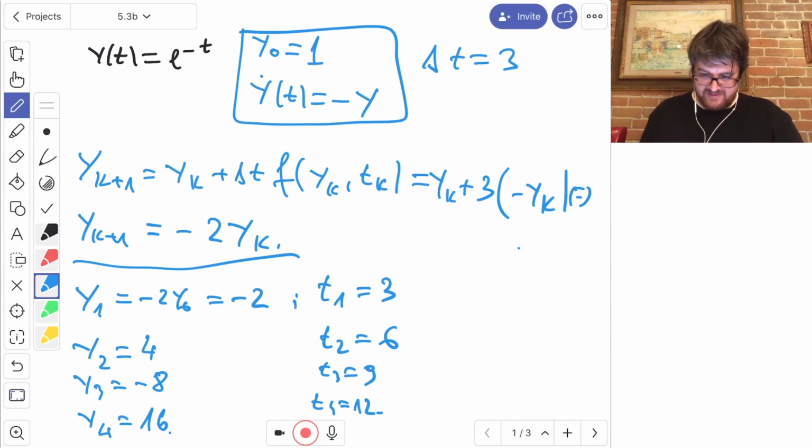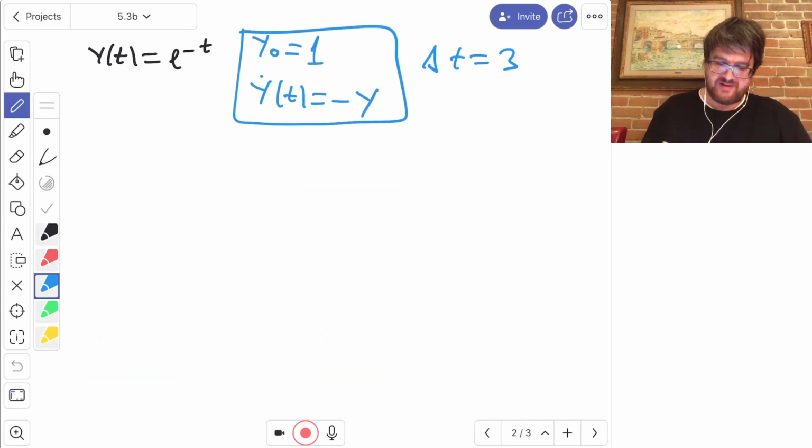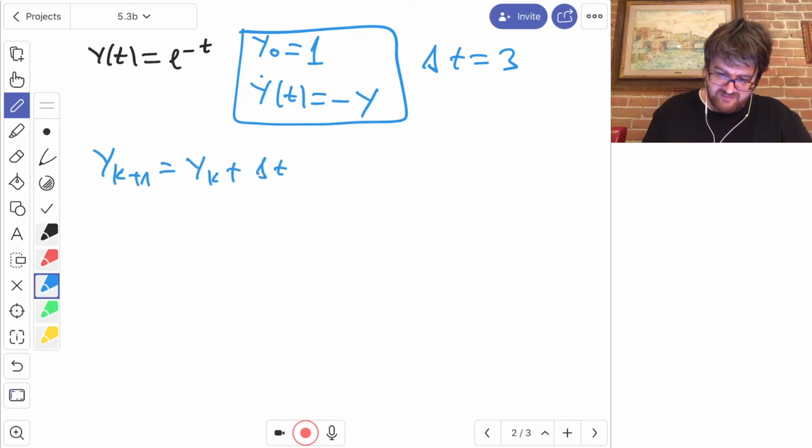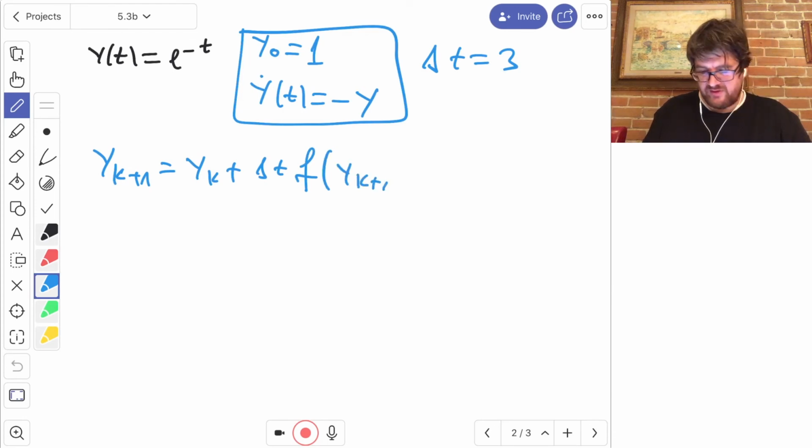All right, so let's now do the implicit version. I'm going to start the same way, doing the generic step to see if we can do any simplification. So yk plus 1 is going to be yk plus delta t times f of yk plus 1.